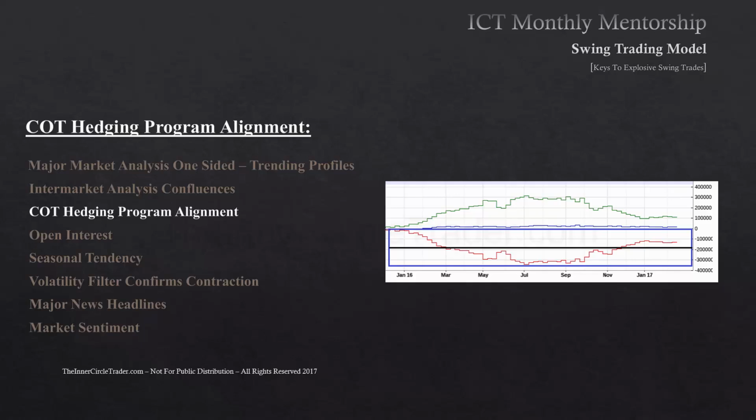Because of that, many times they're going to see long-term net short positions in a commodity through the use of the Commitment of Traders report. So by looking at their net position being heavily net long or net short, for instance, if we're looking at a market that has a long-term net short position being held by the commercials, that would be seen with the red line here in this example.